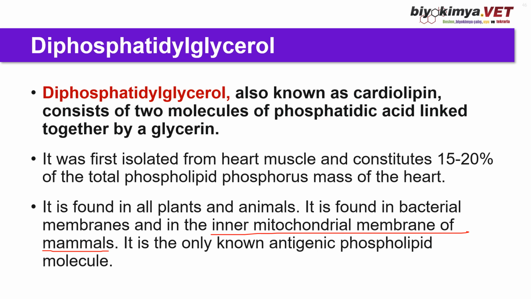Cardiolipin is an important phospholipid in mitochondria and is involved in cellular energy production in the form of ATP. It is involved in the regulation of mitochondrial shape and function, and changes in cardiolipin levels can affect mitochondrial morphology and function. It also plays a role in apoptosis.